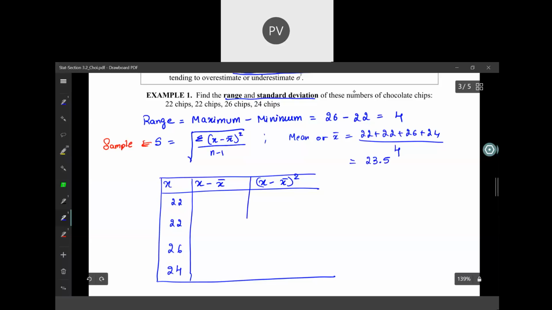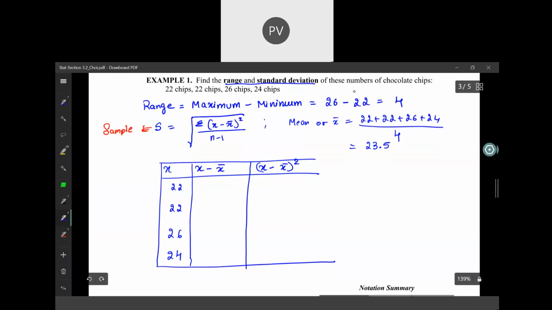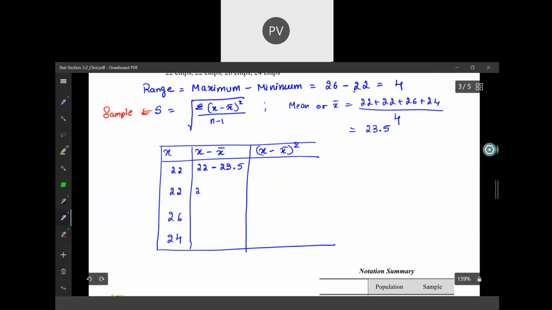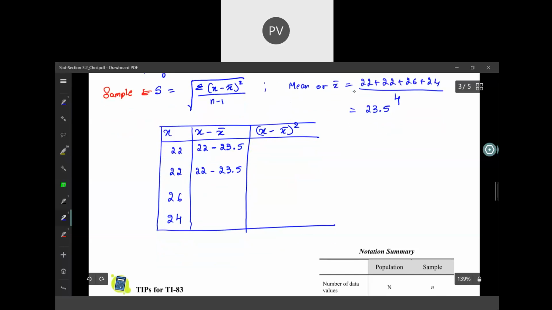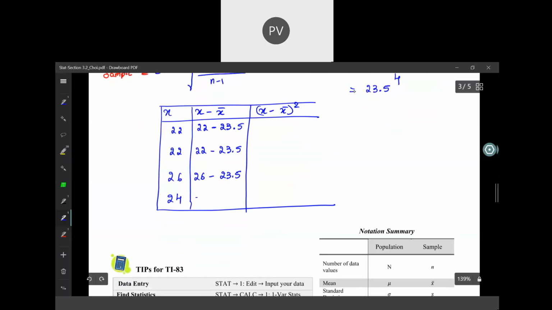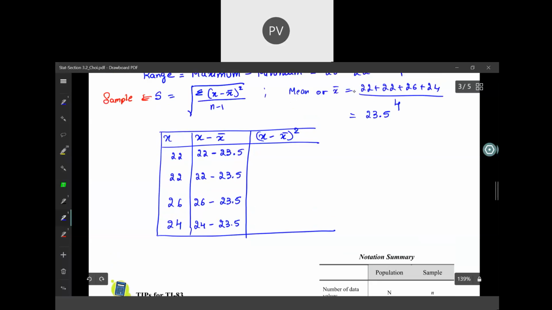Now we have the mean. So x minus x bar is 22 minus 23.5, and again 22 minus 23.5. Then x is 26 minus x bar 23.5, and 24 minus 23.5. Find out the values.